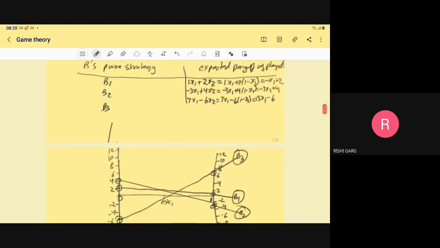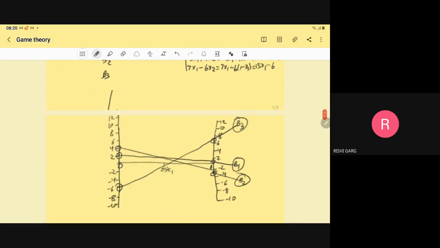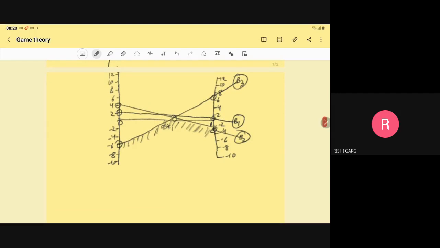So first we compute the lower envelope. Here we have the lower envelope, which means these are the worst ones, corresponding to B3 and B2. From the lower envelope, this is the best point.